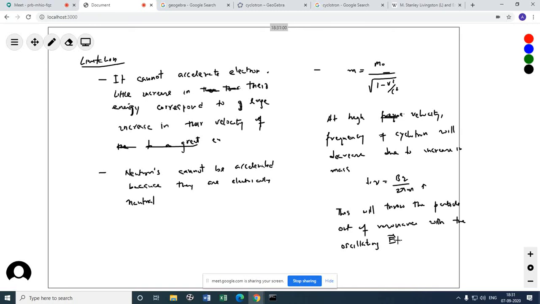And secondly, neutrons you cannot accelerate. So these are the common drawbacks of the cyclotron. Clear? Only these are the limitations of the cyclotron.